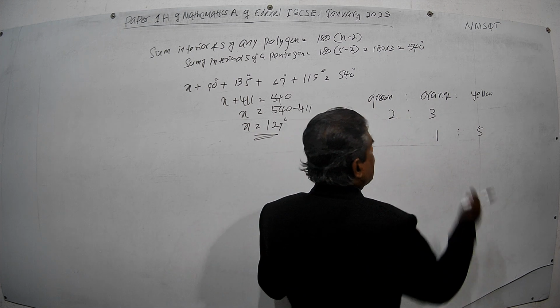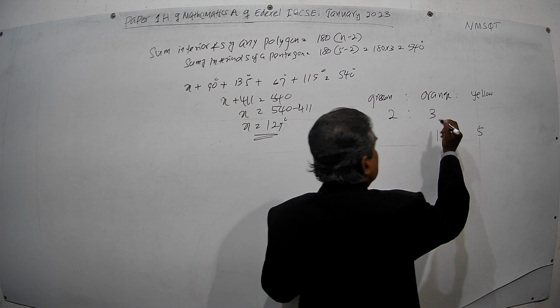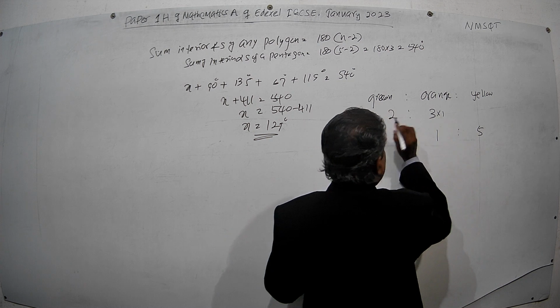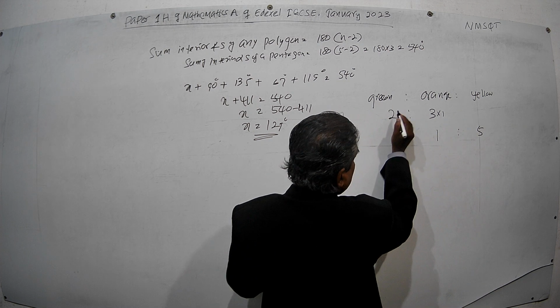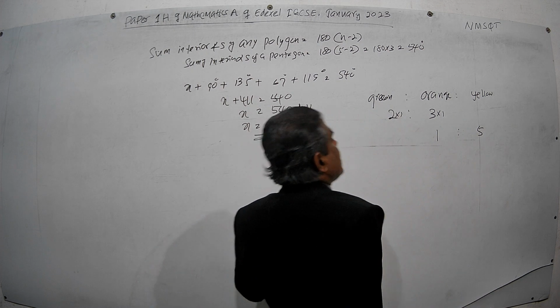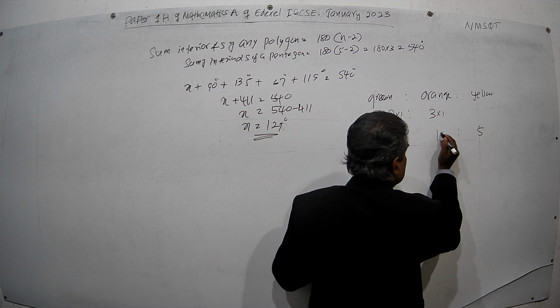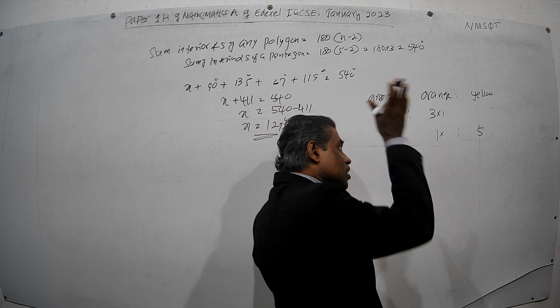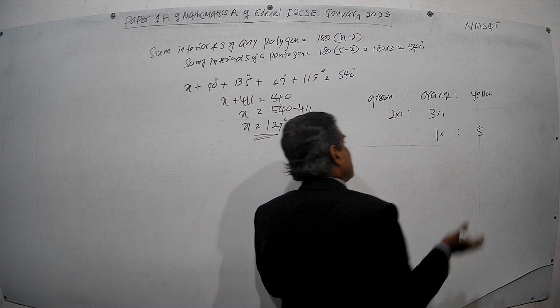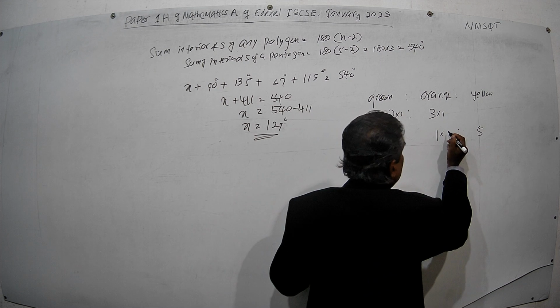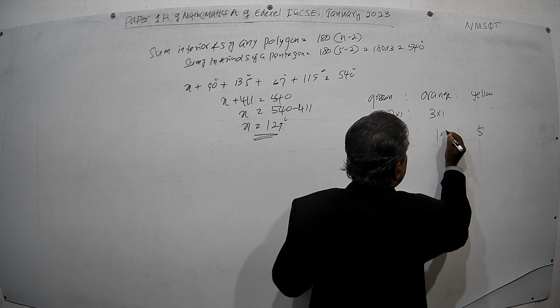Then convert each one into that LCM. To convert this into 3, you have to multiply by 1. When you multiply that, the other number of that ratio is multiplied by 1 as well. To convert this 1 into the least common multiple, that is 3, this one has to be multiplied by 3.